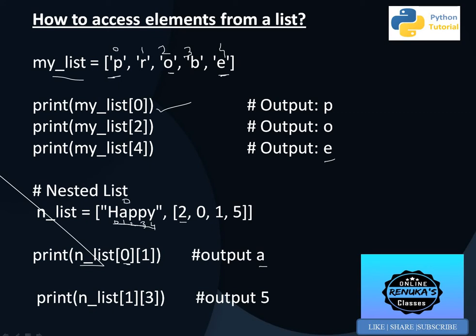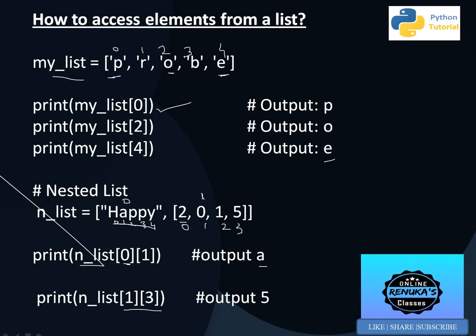So the next example is n_list[1][3]. 1 is for this list. For the outer list the element indexes are 0 and 1. 0 is for "happy" and 1 is for this sublist. Now this sublist has many elements with subindex 0 1 2 3.